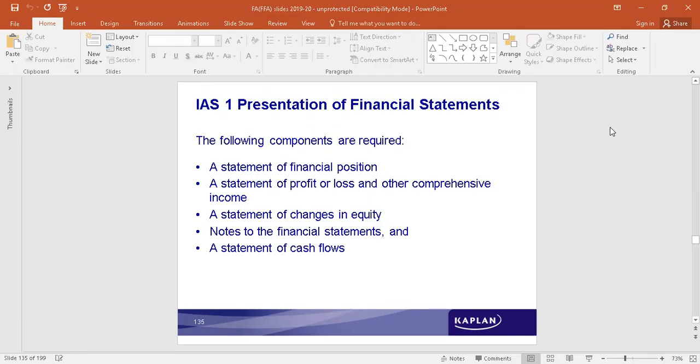Statement of financial position, or what we call it as balance sheet, statement of profit and loss and other comprehensive income. The third statement is statement of changes in equity. Fourth one is statement of cash flow. Apart from these 4 statements, any information that is not included in these financial statements would be presented in the notes to financial statement.